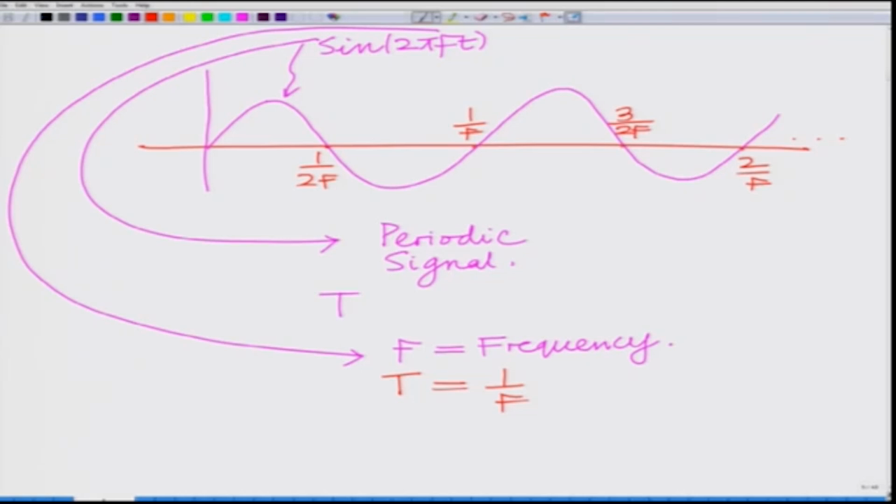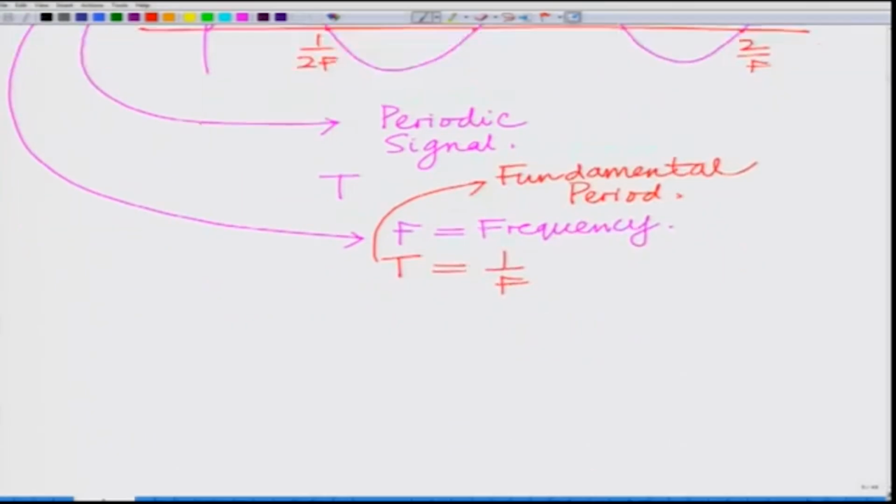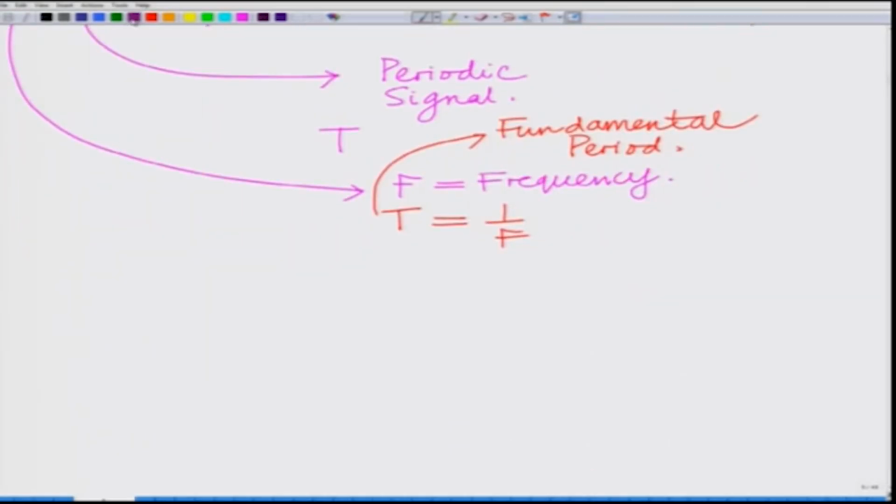And this is periodic with capital T, which is also termed the fundamental period, capital T equals 1 over f, the fundamental period of the sinusoidal signal.